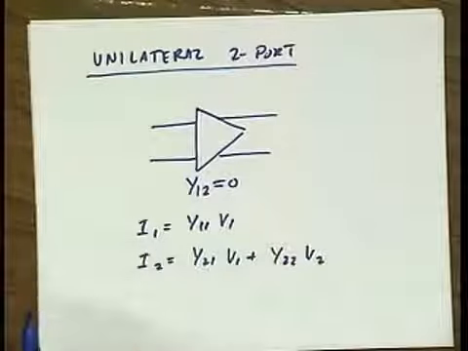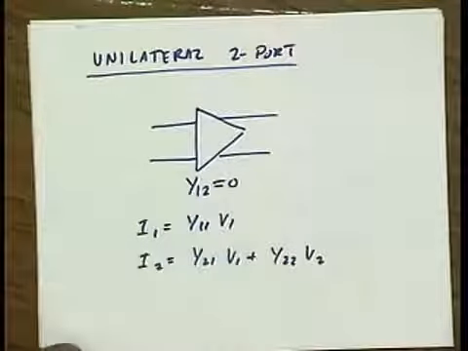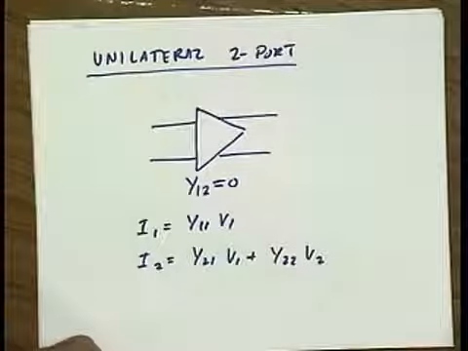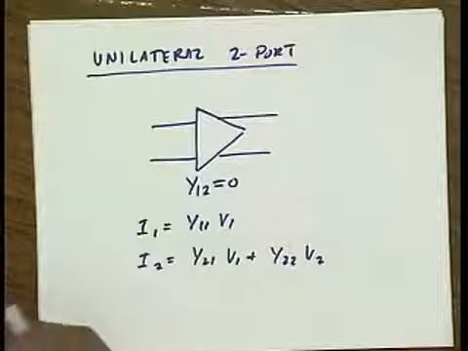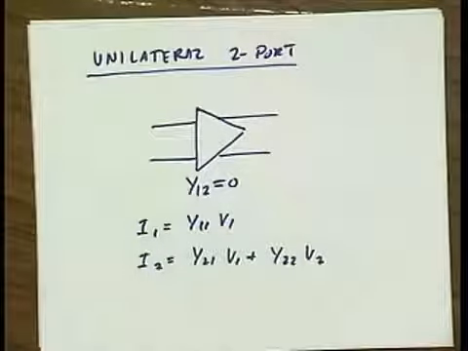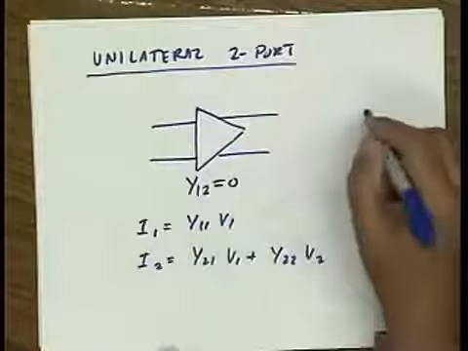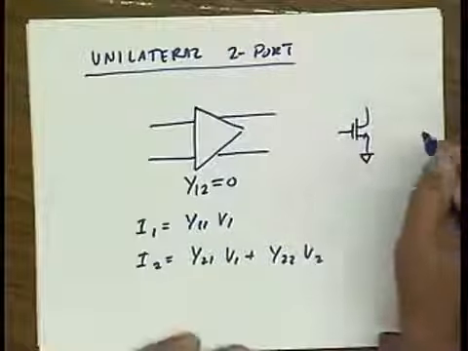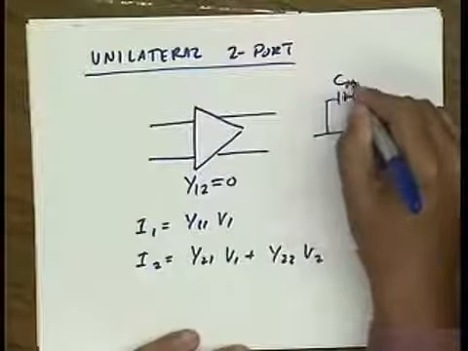Now, for any real device that you design, physically it's not going to be unilateral. Y12 can never exactly equal 0. You can make it very small, and in this class we'll figure out how small we need to make it in order to make things stable, as we'll see later on. Again, let's take our example of a transistor. We know that a transistor would be unilateral if C mu did not exist.